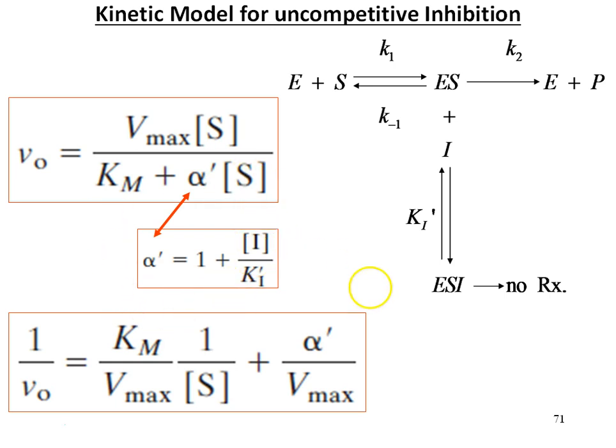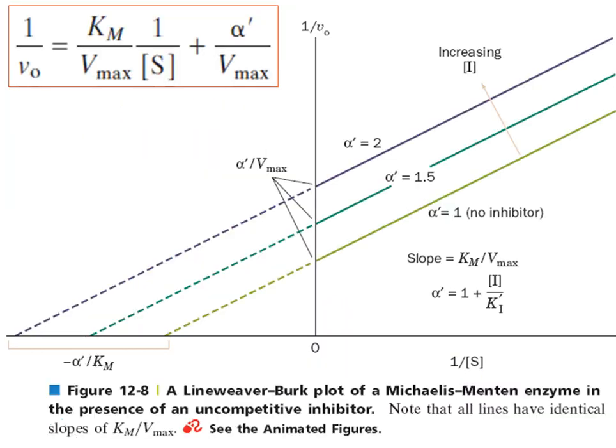So if you form the double reciprocal linearized equation, it's 1 over V0 equal to Michaelis constant over Vmax multiplied by the reciprocal concentration of the substrate, plus alpha prime over Vmax. So let's now connect the plot that you will get as a Lineweaver-Burk plot with the linearized equation here. The y-intercept, this one, is alpha prime over Vmax, so it depends on the concentration of the inhibitor, obviously.